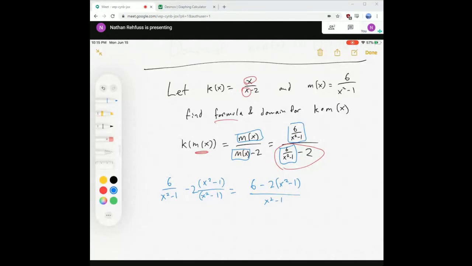Let me simplify the numerator. This is 6 minus 2x squared plus 2 over x squared minus 1. So this is 8 minus x squared over x squared minus 1. Oh, sorry, 8 minus 2x squared. My bad.